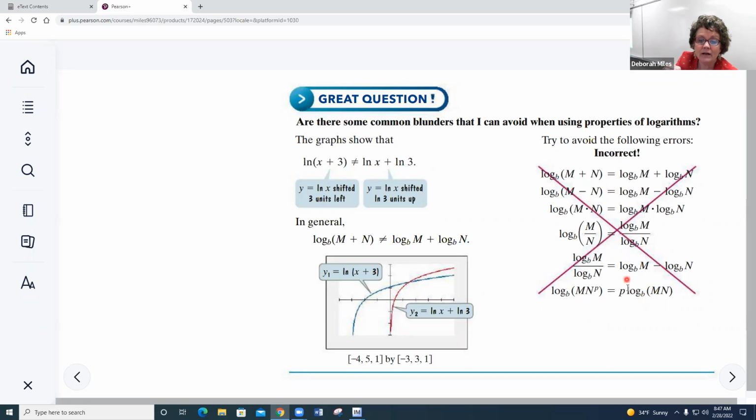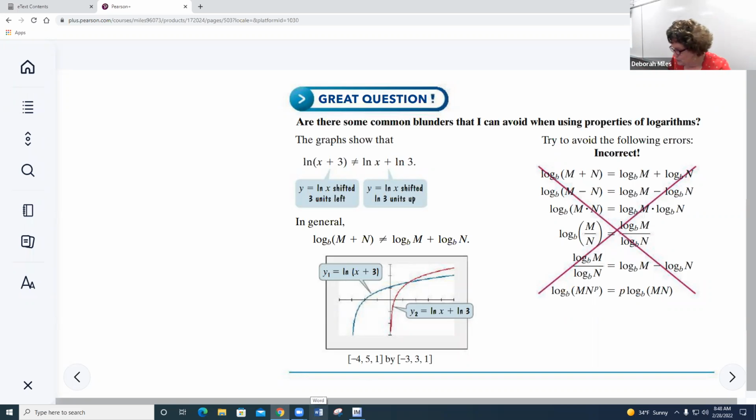If you bring it out in front, then you're saying it belonged to the m and the n. If I took this right-hand side and put the p back as the exponent, it would be the exponent of the mn in parentheses, and that is not what it originally was. So yeah, that's what's wrong with this last row.